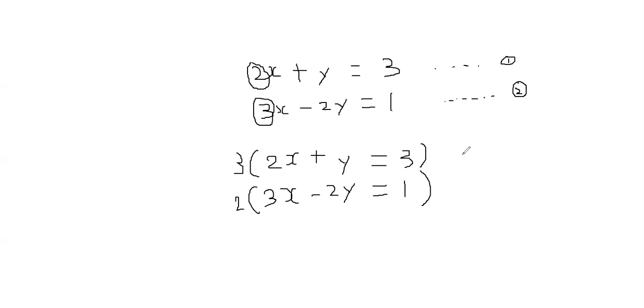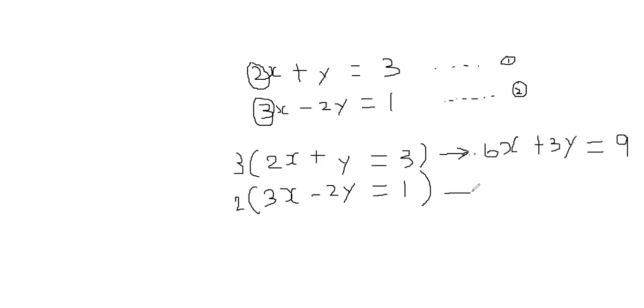The one at the top: 3 times 2x will give me 6x. 3 times y will give me 3y. And 3 times 3 will give me 9.